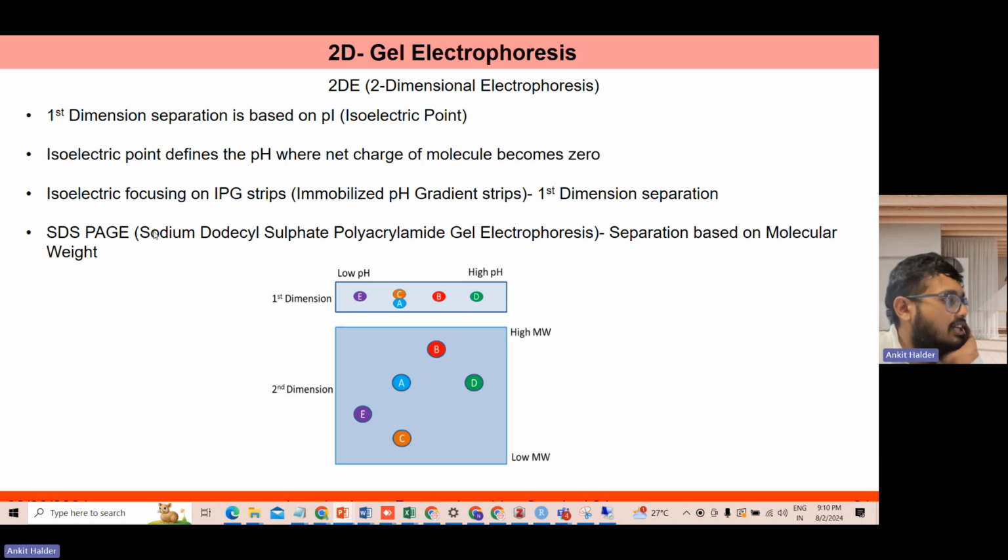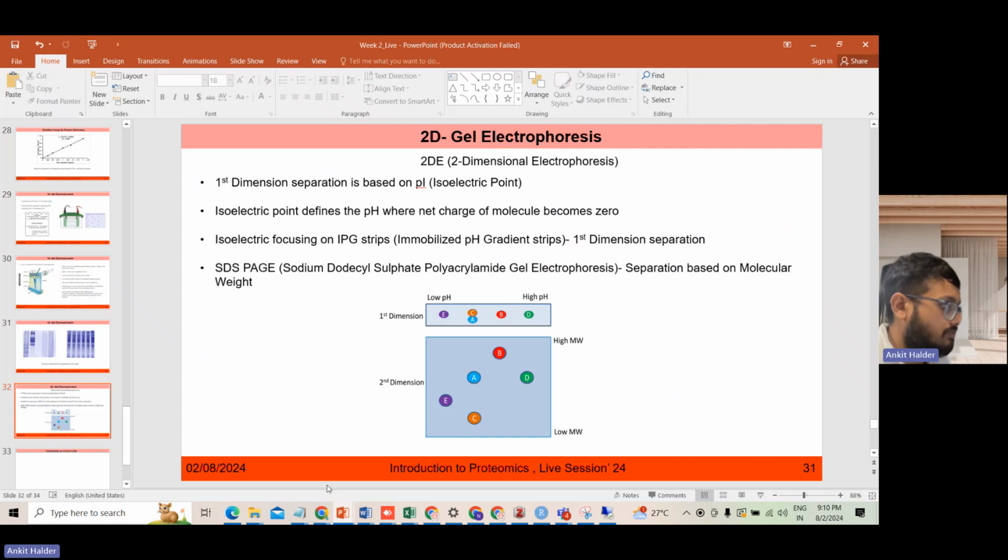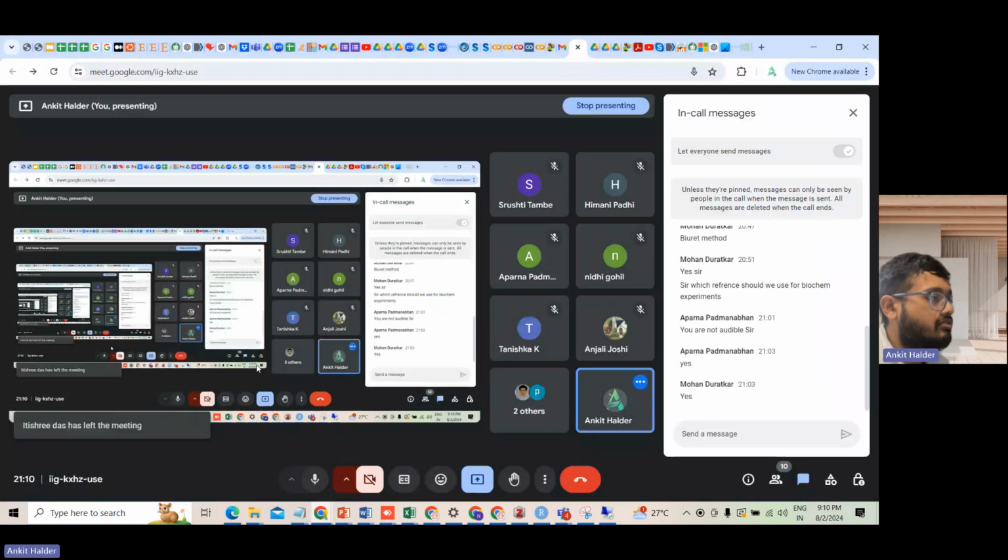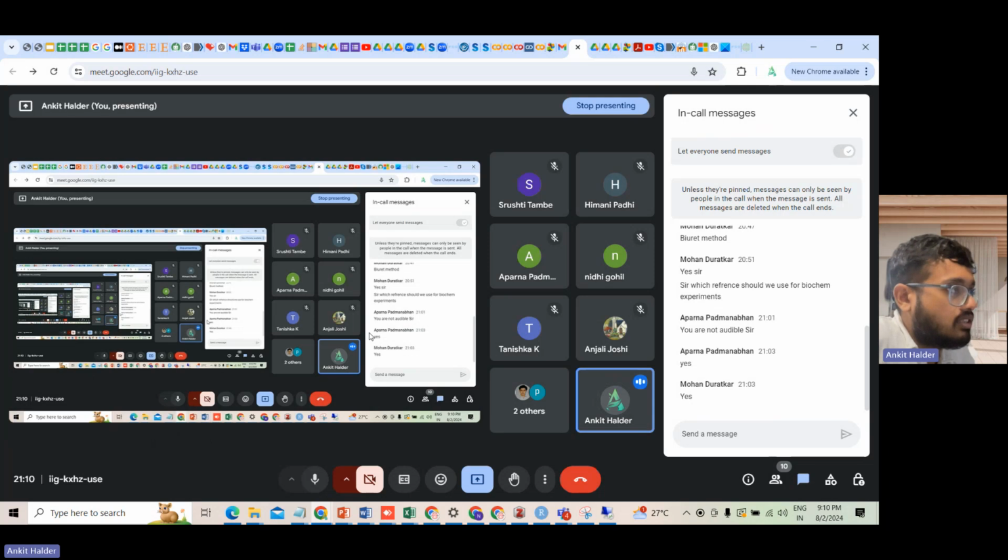This is all done on IPG strips, and then finally SDS-PAGE. So I think we have completed this, and next week onwards we can move ahead with 2D electrophoresis and other things.